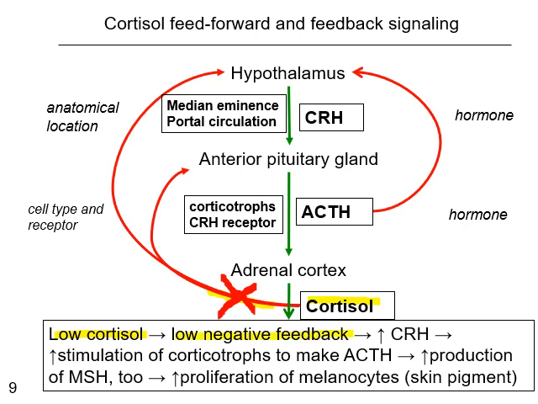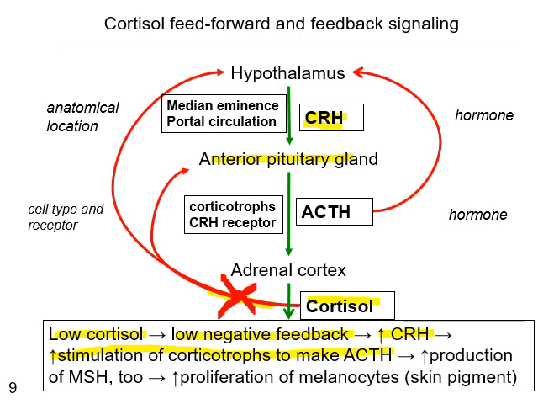So there is less negative feedback of CRH production, so there is an increase in CRH production. CRH stimulates the corticotrophs of the anterior pituitary to produce ACTH. So it produces increased stimulation of corticotrophs to make ACTH.